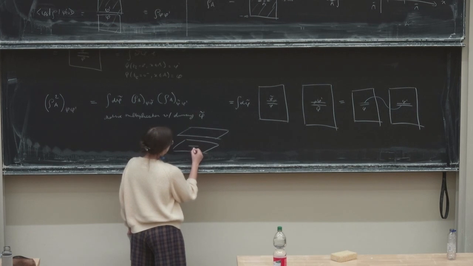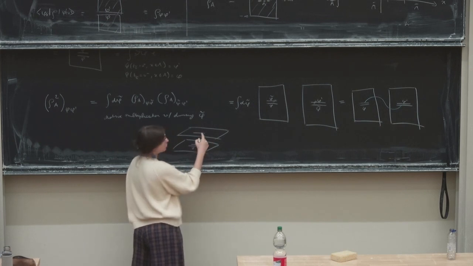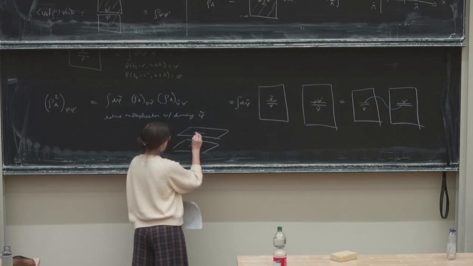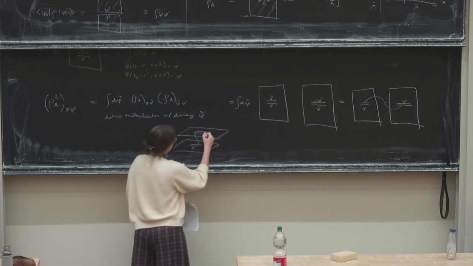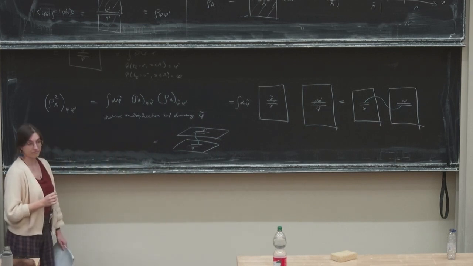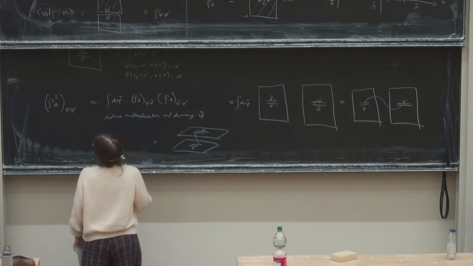I have a phi downstairs, a phi tilde upstairs, which is identified with the phi tilde on the next copy. So, I don't know. This notation, you just have to remember what is meant by it. And then here a phi prime. It's clear what this is showing. Right.